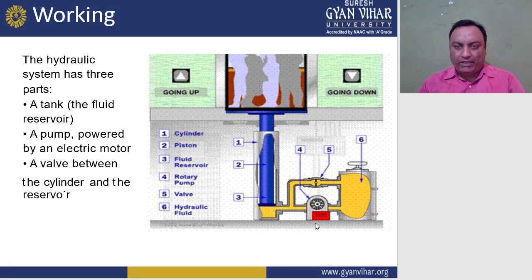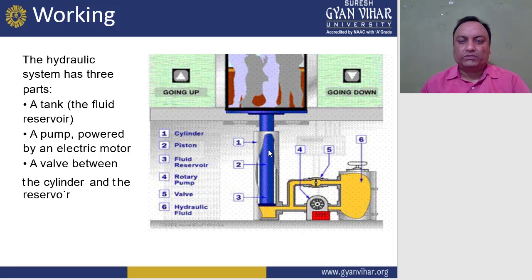Here the main component is the pump. The pump is just like the heart of the system, and it sends the fluid, pressurizes this fluid, and this creates a force. By this force, the piston moves upside.